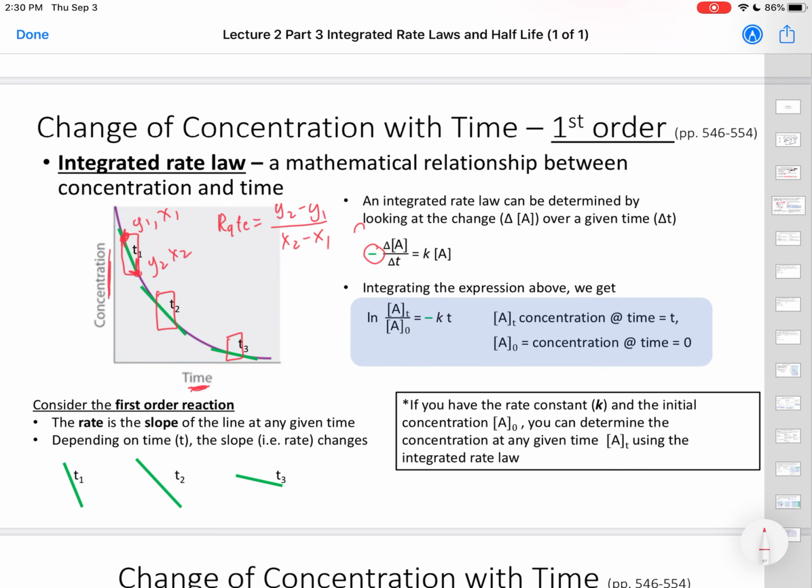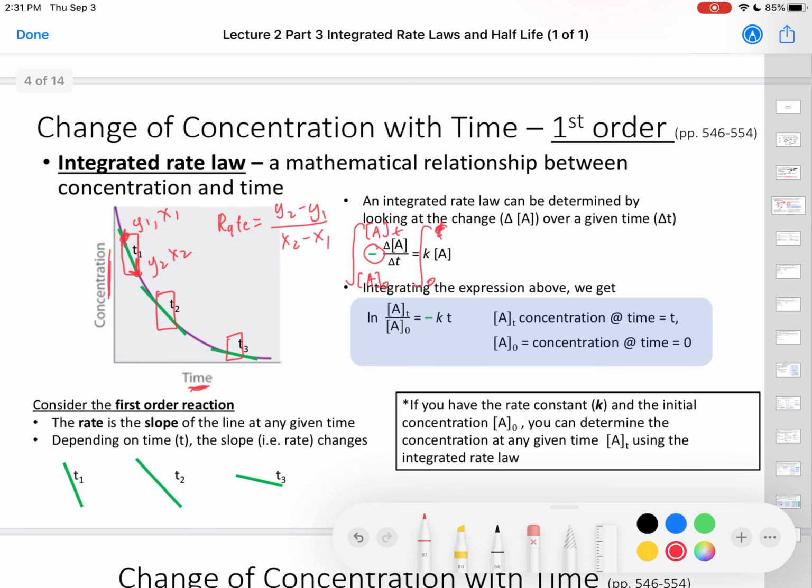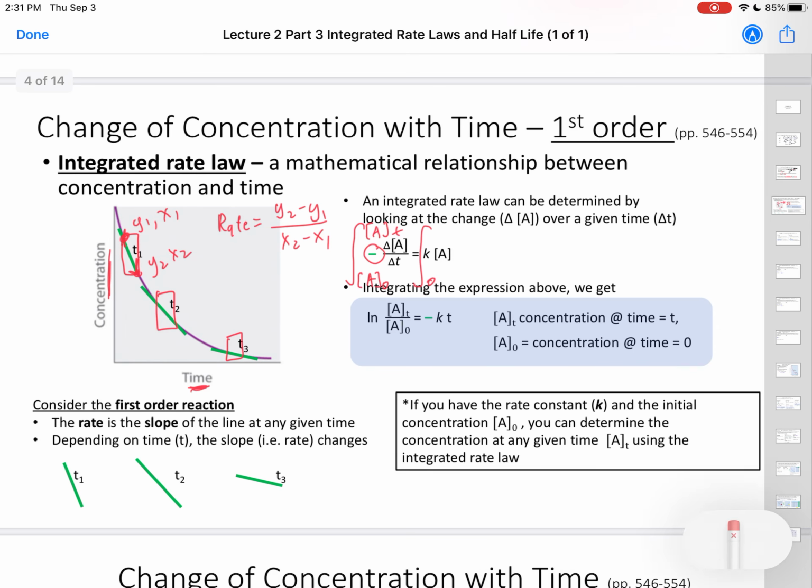And so we're going to integrate here from the concentration of A at t to the concentration of A0. And we're going to integrate here from 0 to t, okay? So basically we're integrating from time 0 to time t, meaning whatever is the time during the reaction.